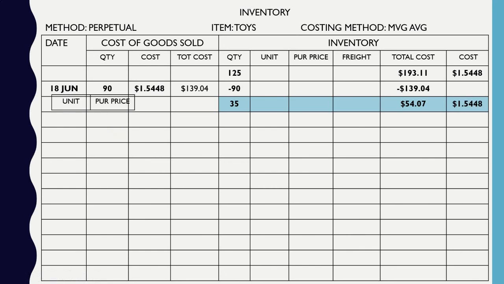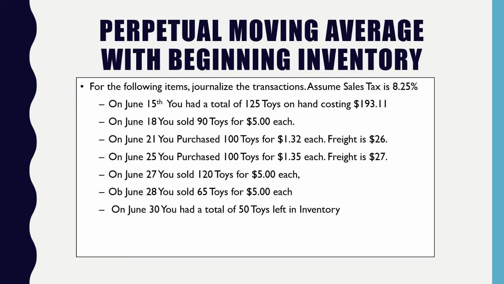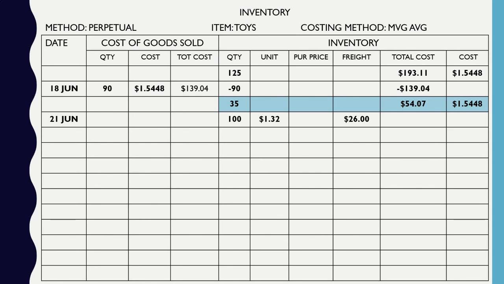Okay, so next, I have here that on June 21st, I purchased an additional 100 toys, but this time at $1.32. I plopped that in there in my purchases, and same thing is going to happen here. I'm going to calculate my total cost. In this case, my purchase price is $132 plus $26 of freight to give me a total of $158.